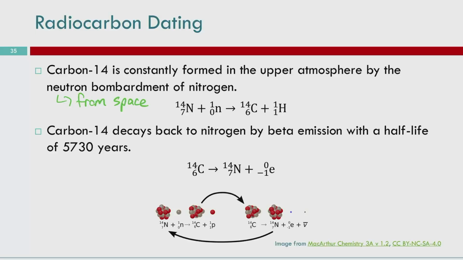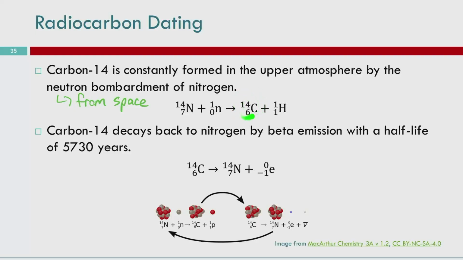It's mostly nitrogen. So up in the upper atmosphere where there's less clouds and less of our atmosphere in the way, some of those nitrogen atoms or molecules up there can get bombarded or hit with a neutron and turn it into carbon-14. Hydrogen is also produced in the process.